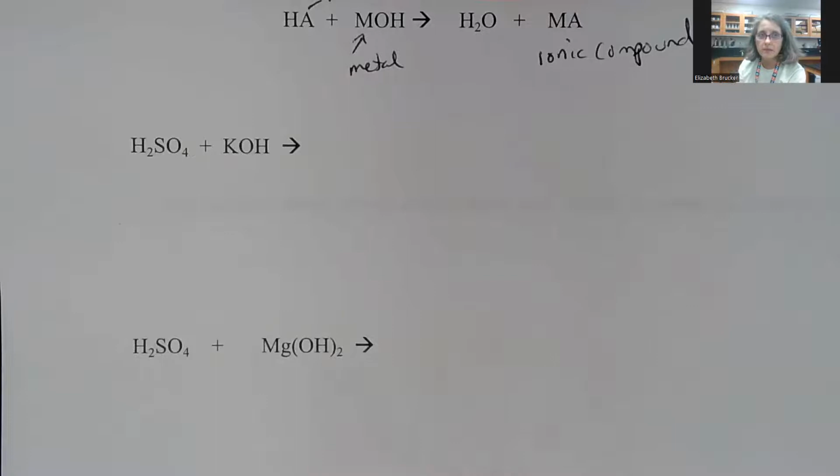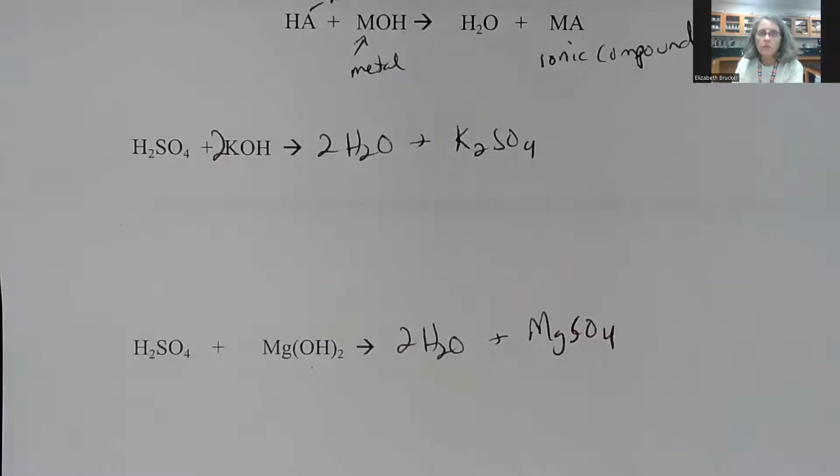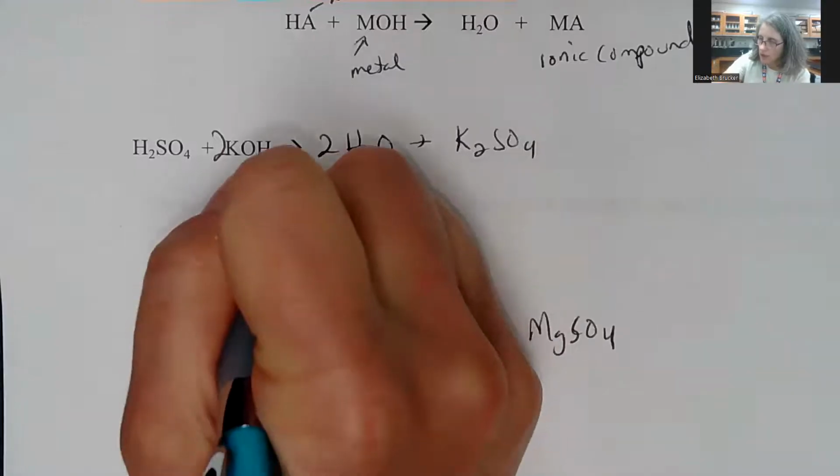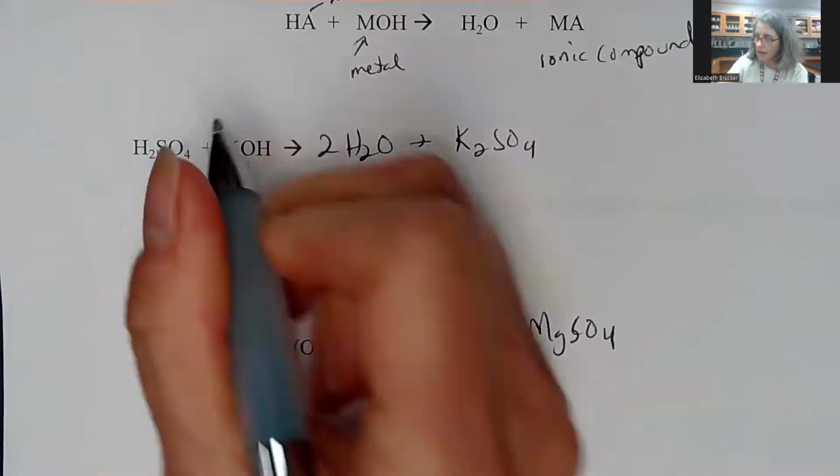Pause this video and see if you can write the products to these two and then go back and balance. Again, write the formulas first and then go back and balance them. For the first one, you should have balanced a 2 in front of the KOH because you have K2SO4, because potassium is a +1 charge and SO4 is a 2-.